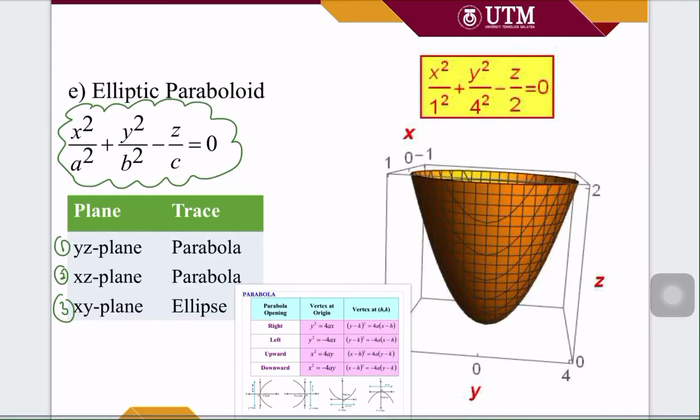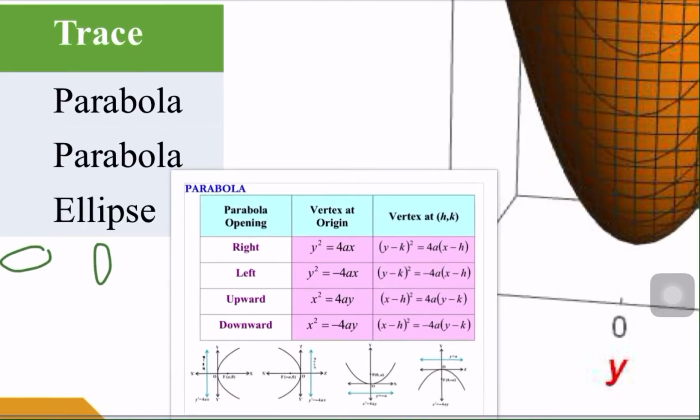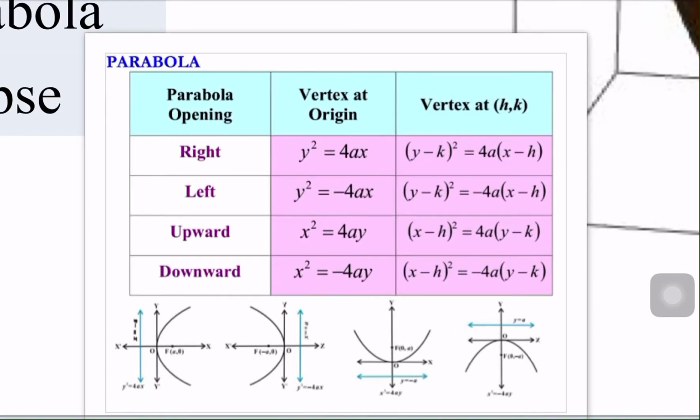We already know the standard equation for the ellipse. How about the standard equation for the parabola? If we look at the first one here, if we have y squared equal to 4ax, that means it is open to the right. When we have y squared but negative x, it will be open to the left.